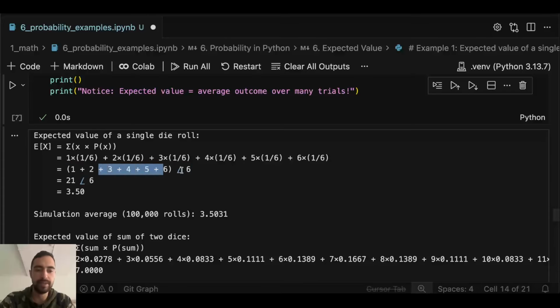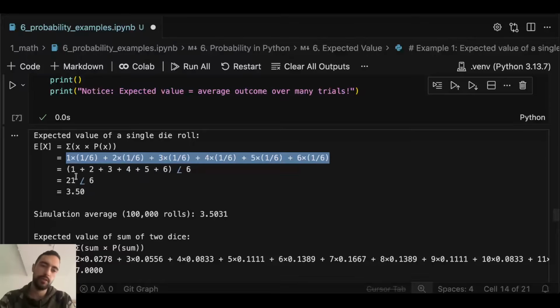So summing up and dividing only works if the probabilities are the same. That's a shortcut you can do. But this is the more general formula: you just do each value times its probability. And this is more specific. This works if probabilities are the same.